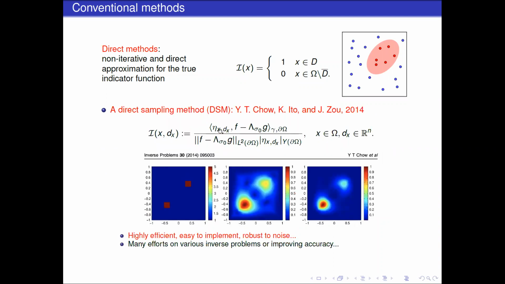This is one example I took from their article, and we see they can give a very reasonable reconstruction. There are many works done to improve the accuracy, especially by incorporating multiple data pairs to improve the reconstruction quality.